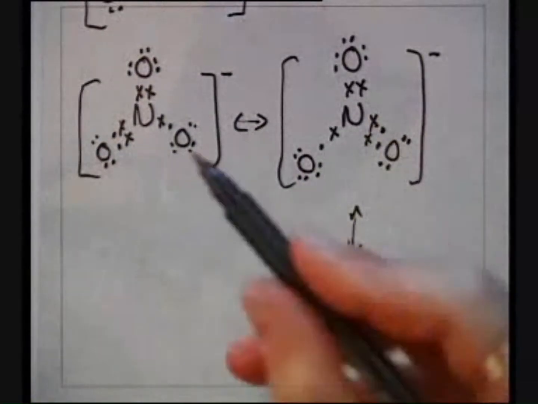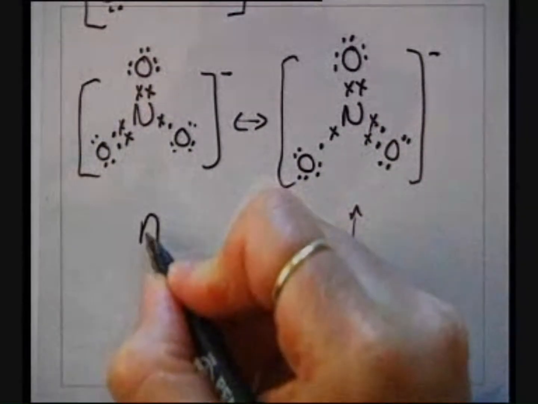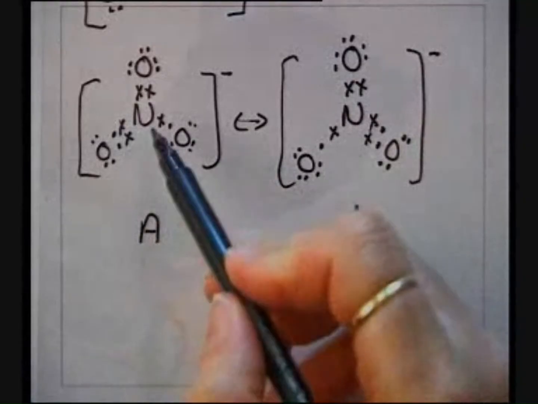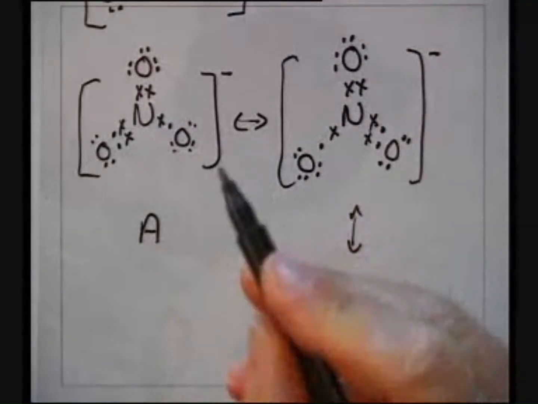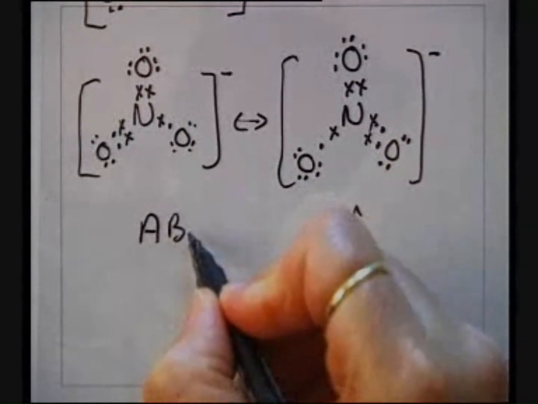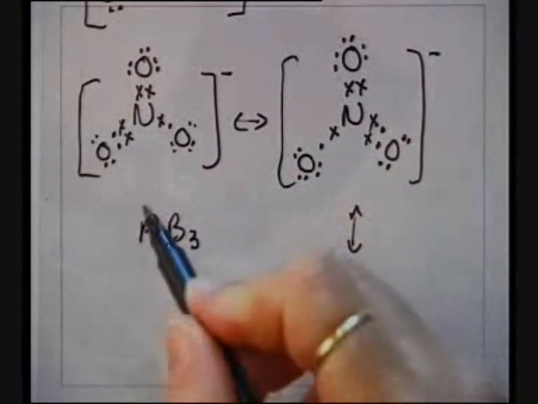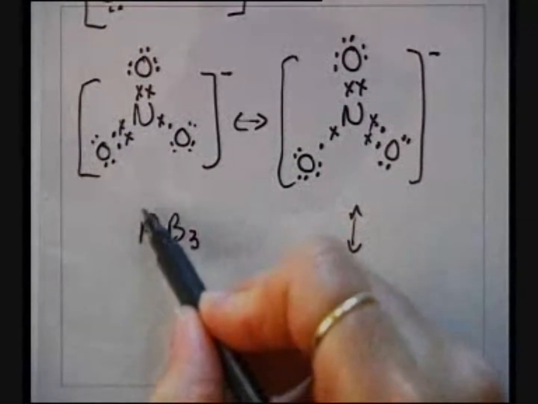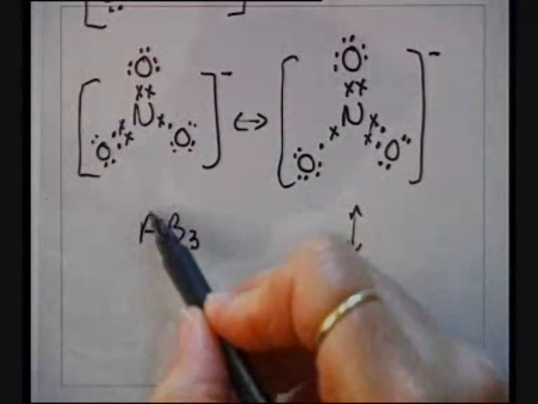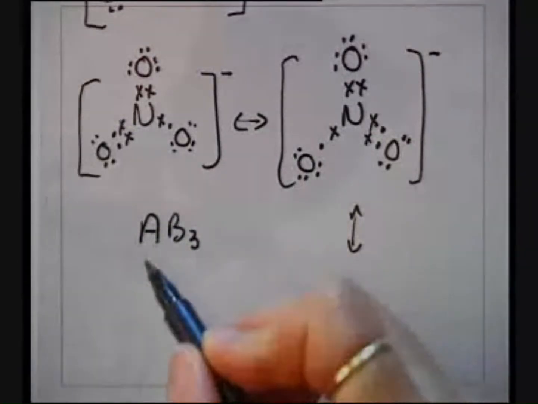We look now at a molecular geometry of a central atom A, where A represents the nitrogen atom, and 3 terminal atoms. We haven't got any lone pairs on the central atom, therefore there will be no distortions.